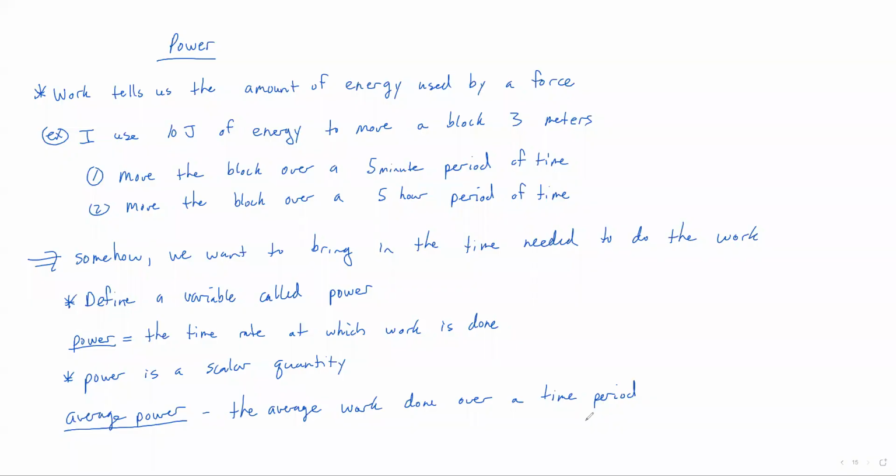So the average power is going to be defined as the average work done over some time period. So if I want to write that, I would simply write P average is going to be the change in work over the change in time, or you could look at it as work over time.